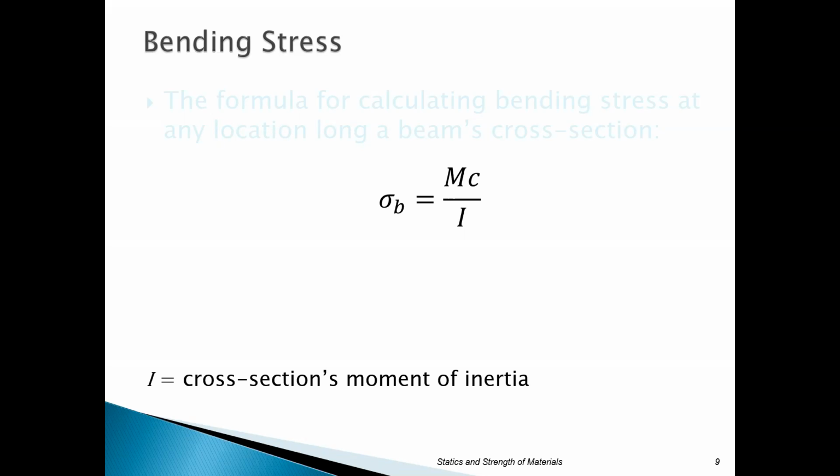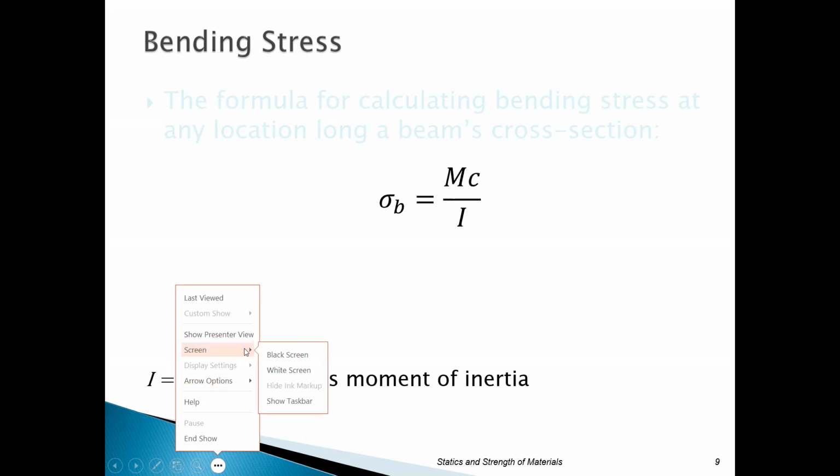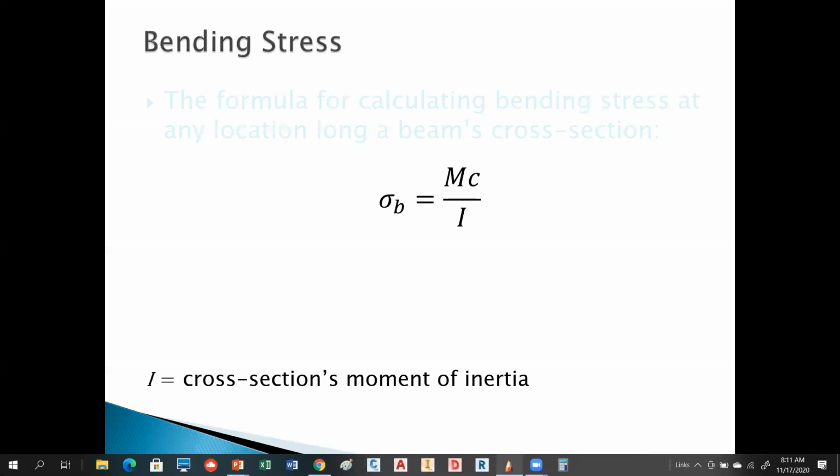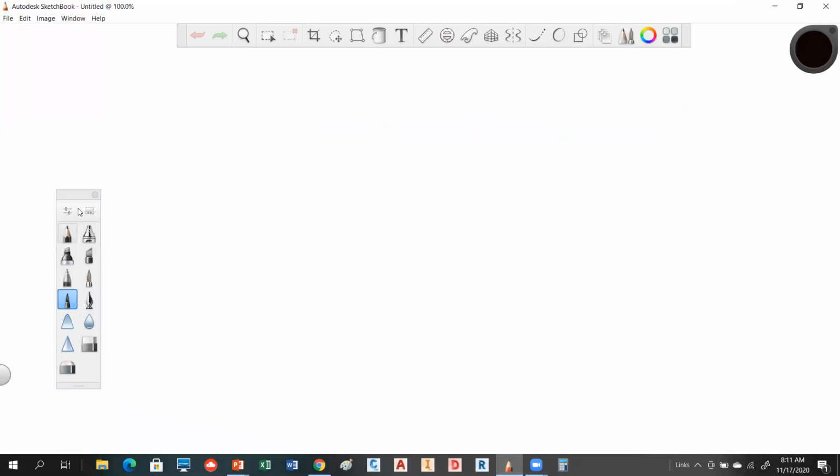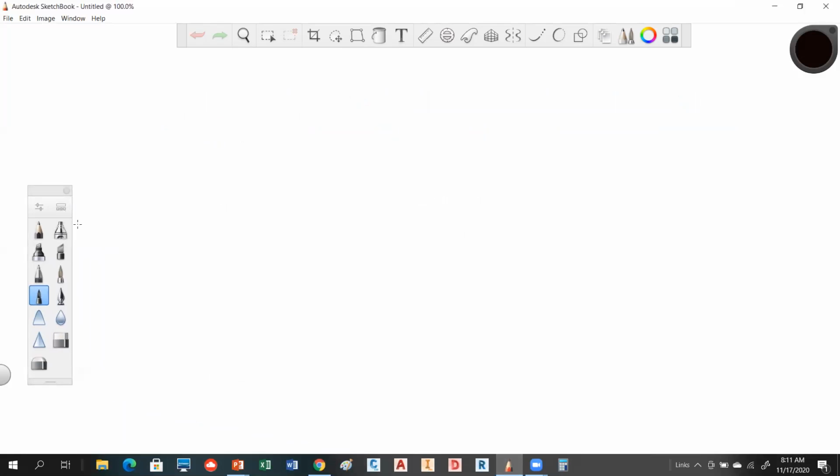Nobody remembers? Okay, let's go look at that real quick. If we looked at that from a diagram standpoint, your cross section, let's say you have a rectangular type of cross section.